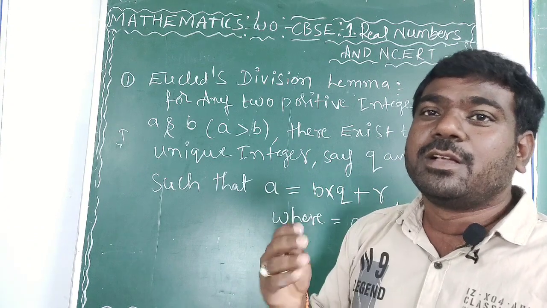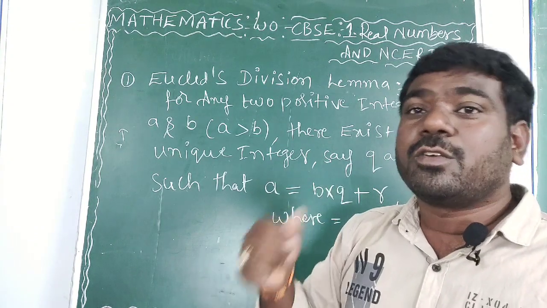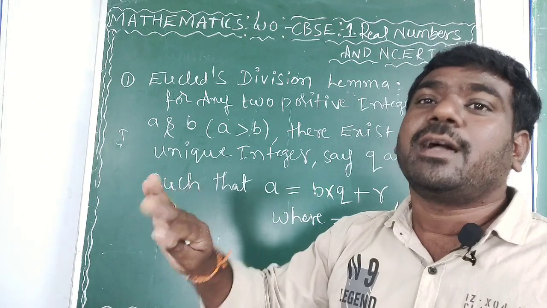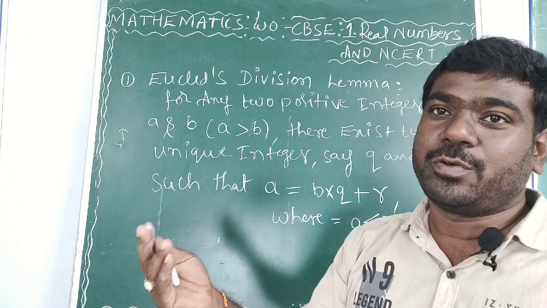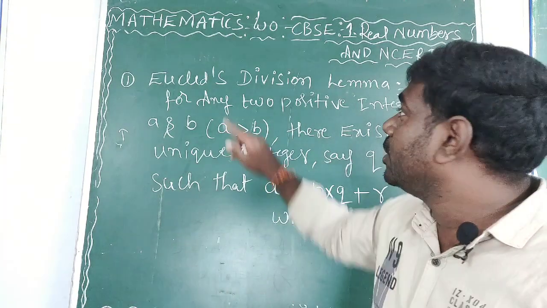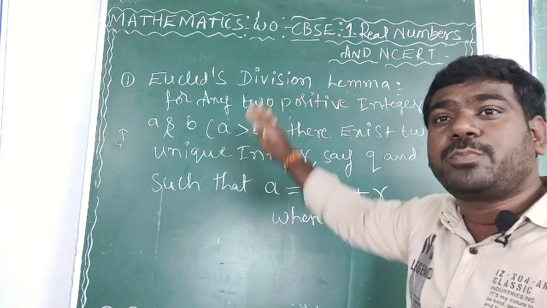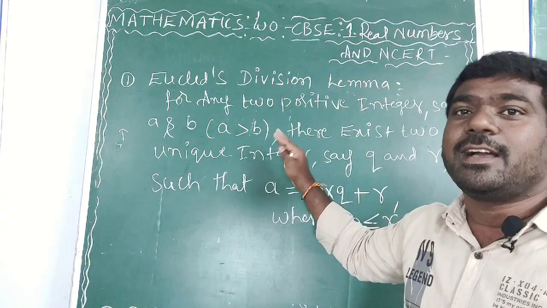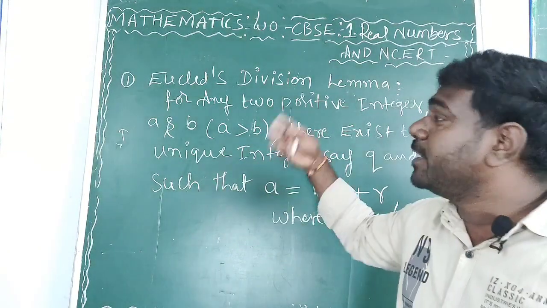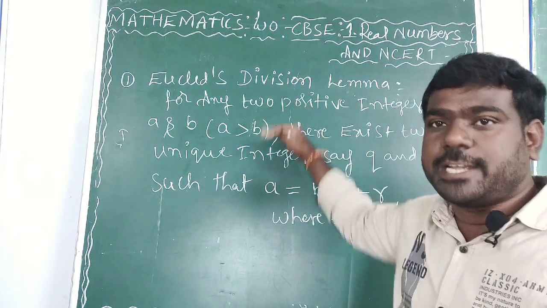Lemma is a proven statement. So this is used for proving another statement. So Euclid division lemma is the proven statement. Why? Already we did division, na? The same process only we converted into a statement.